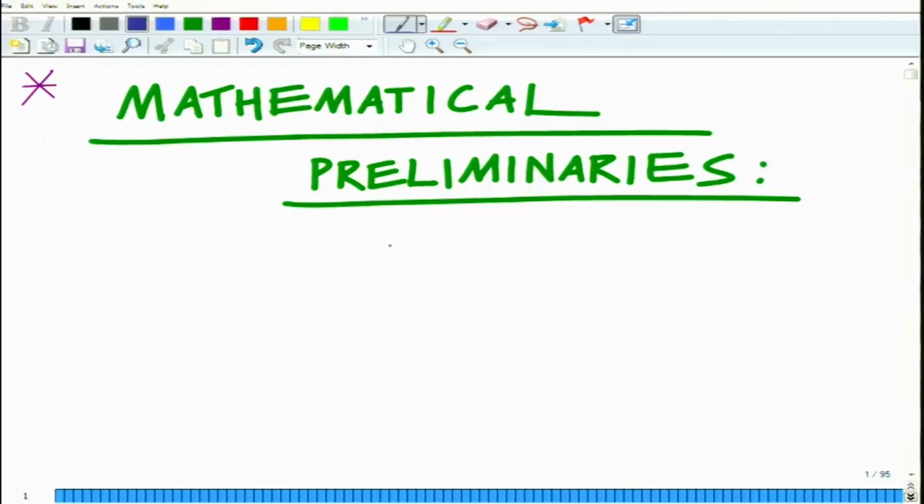Okay. Now, the first thing that we are going to use, the mathematical construct that we are going to use, is that of a vector. As you must all be familiar, a vector x bar is denoted by a bar on the top of the quantity. So, let us start with the concept of vectors. And a vector is denoted by quantities like this, with the bar on the top.